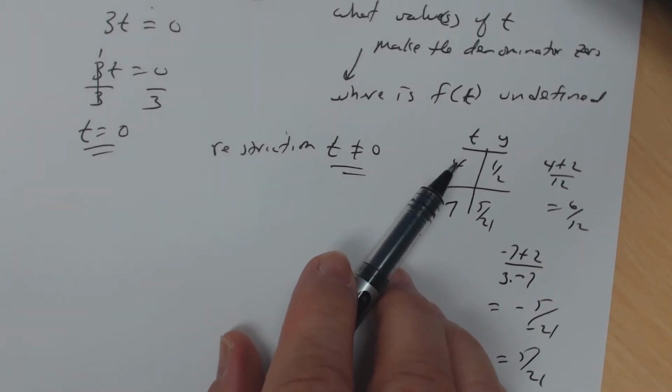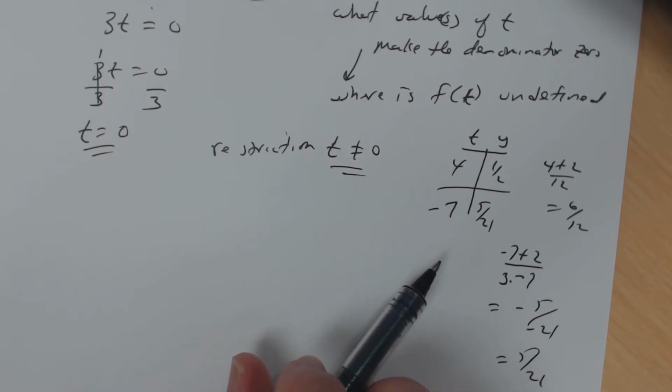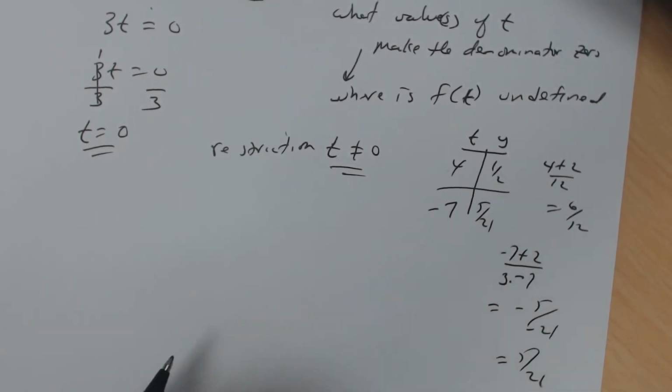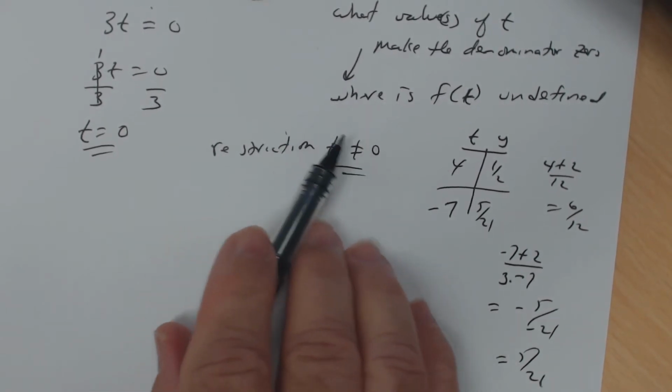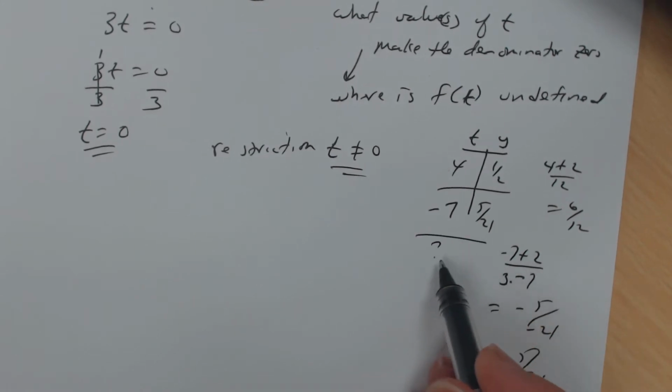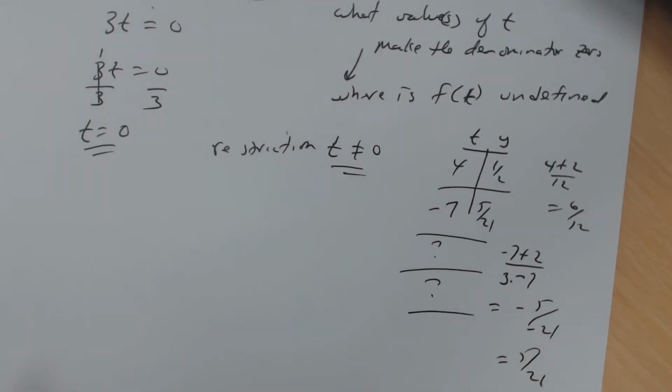The point being that no matter what I substitute for t except 0, I'm going to get a value back for y. So what I found is that the domain would be any real number for x except 0.